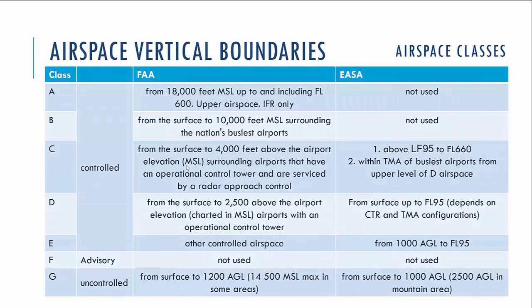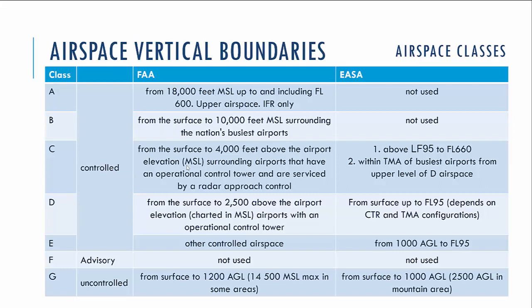So in this table we can see the vertical boundaries of the airspaces and the difference between the FAA, Federal Aviation Administration rules in the US, and EASA, European Aviation Safety Agency in the European Union. I don't want to read all this text from this table. I just want to mention that there are some slight differences between those aviation authorities.